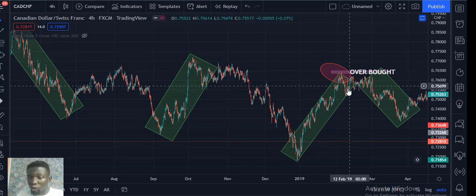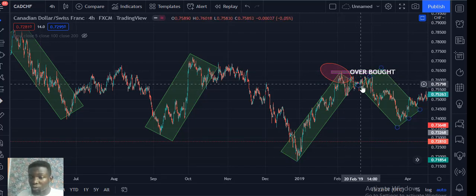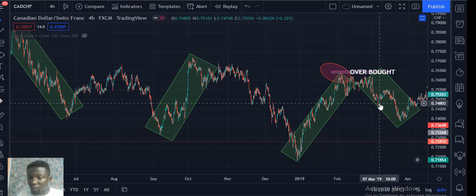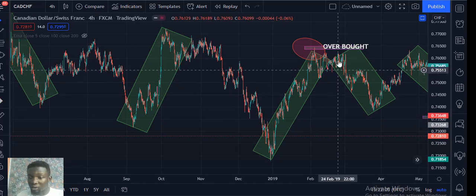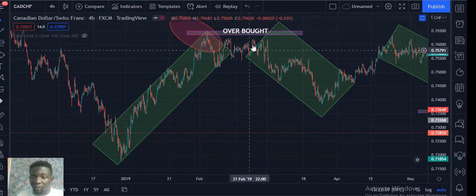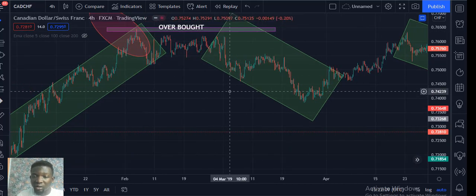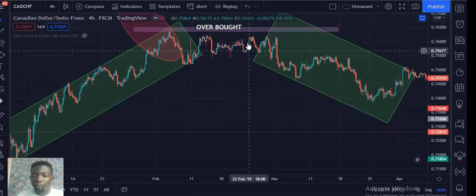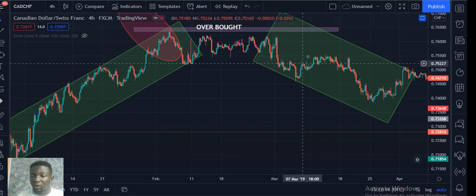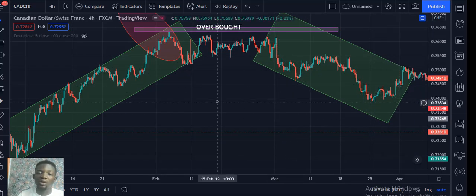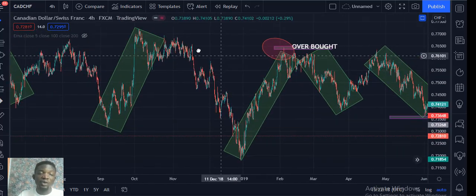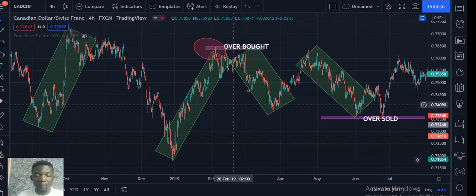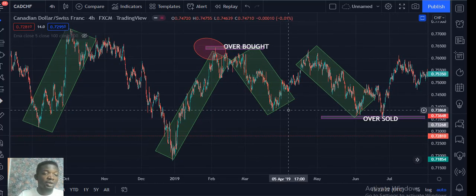They stop buying, and the price keeps dropping. Then we start having a push down in price. Can you see? The price keeps pushing down because the buyers stopped buying.